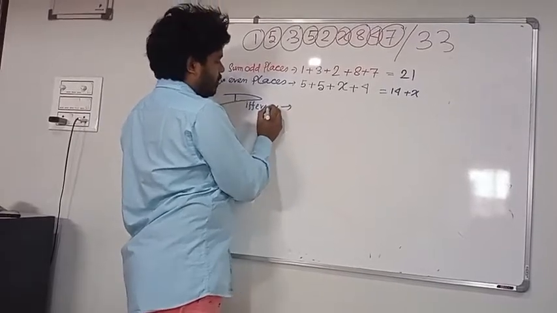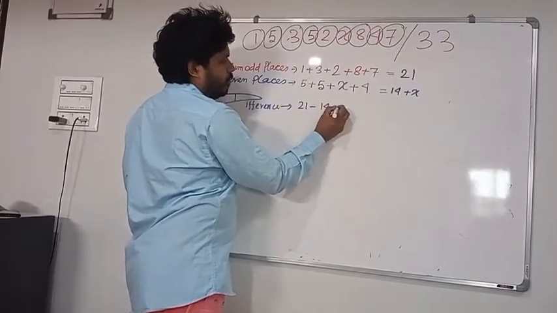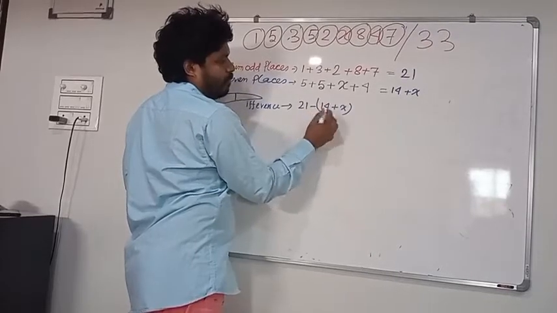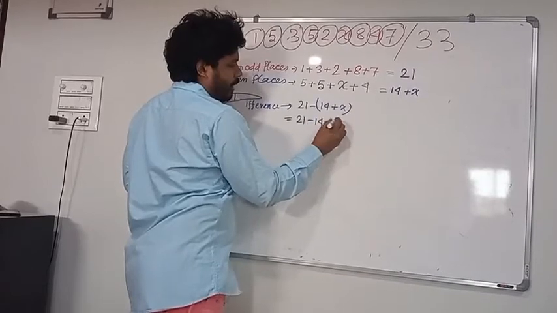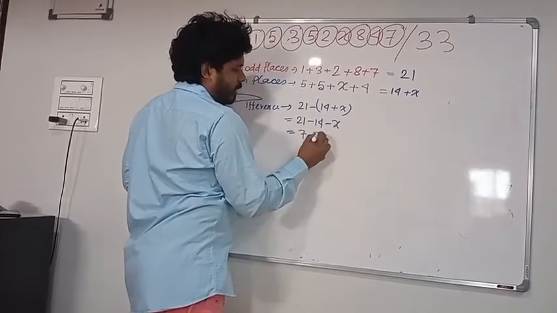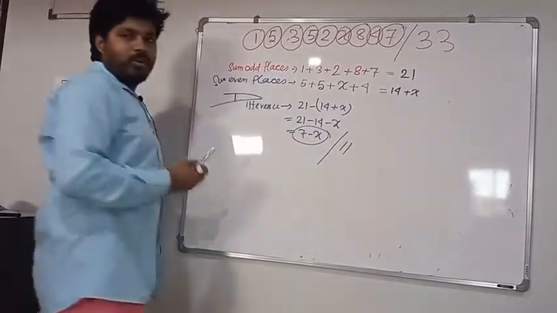The difference is 21 minus 14 plus x. Here you must write the negative sign, so 21 minus 14 minus x. This will be 7 minus x. So this must be divisible by 11. What will be the value of x?